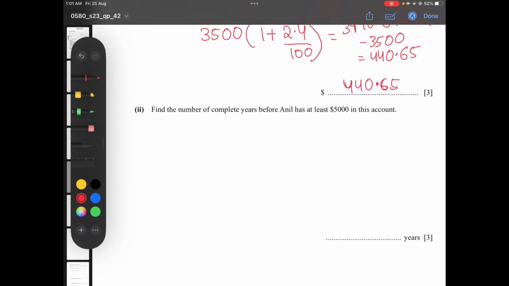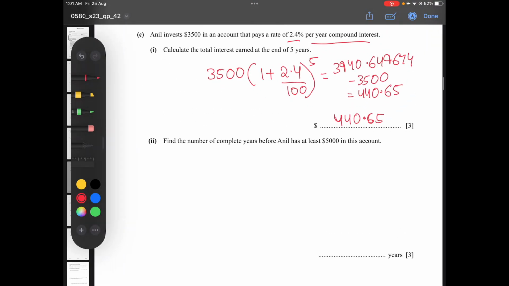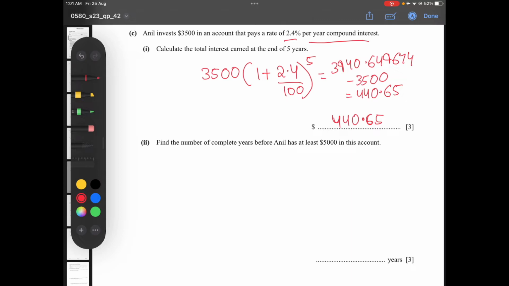Find the number of years Anil has at least 5,000 in the bank account. So for how many years does he have to keep this amount at the rate of compound interest so that he can get 5,000? If you go back to your calculator and the previous calculation, you see that for 5 years he's getting 3940. So I'm estimating around 14 years.